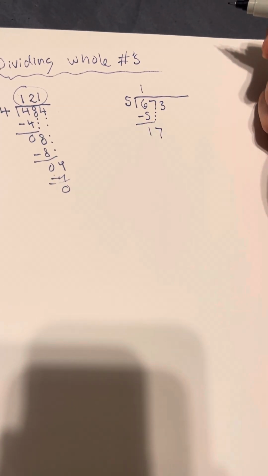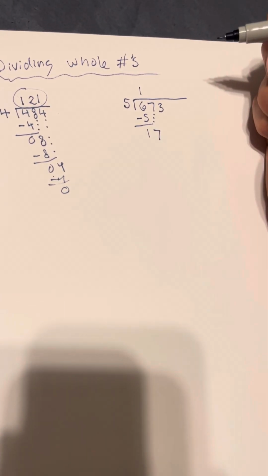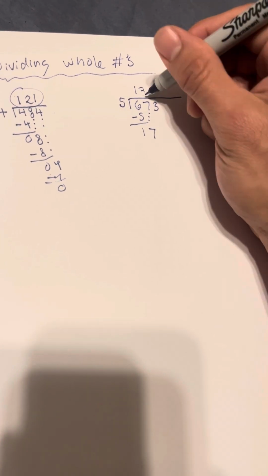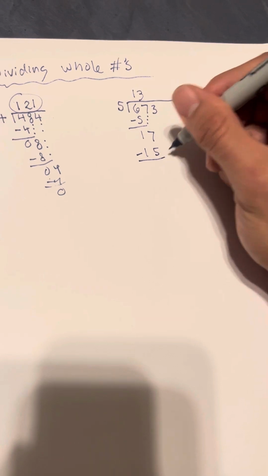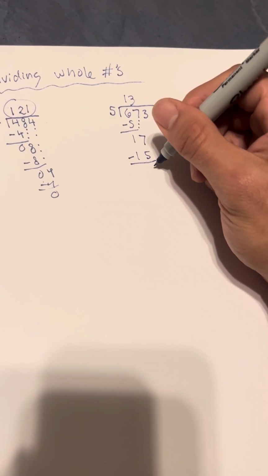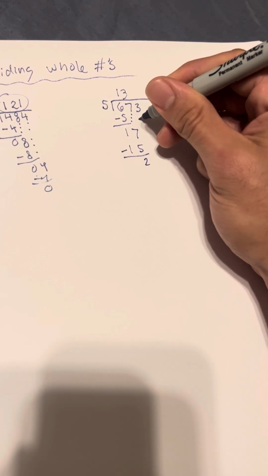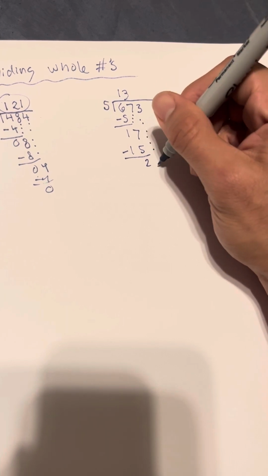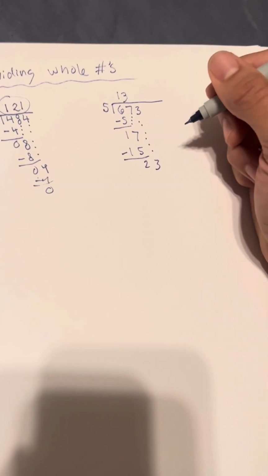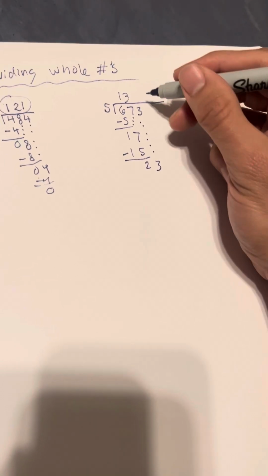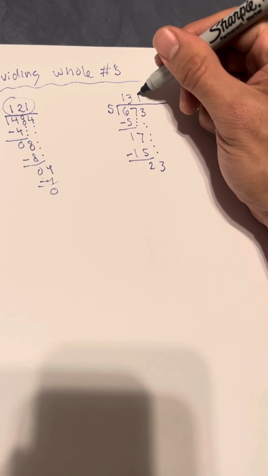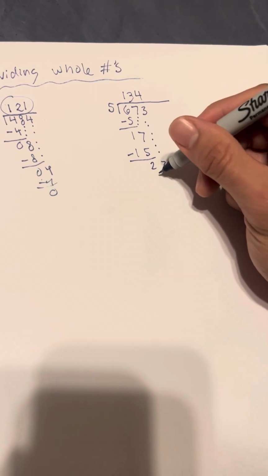How many times does 5 go into 17? 3 times. 15. It's the biggest number we can use. That equals 2. Then we drop down the last 3. Okay, we got 23. How many times does 5 go into 23? Could only use 4, because 5 times 4 is 20.